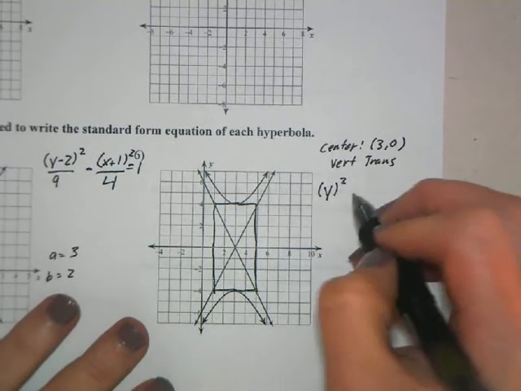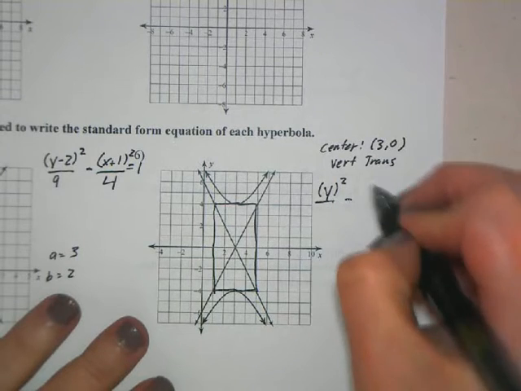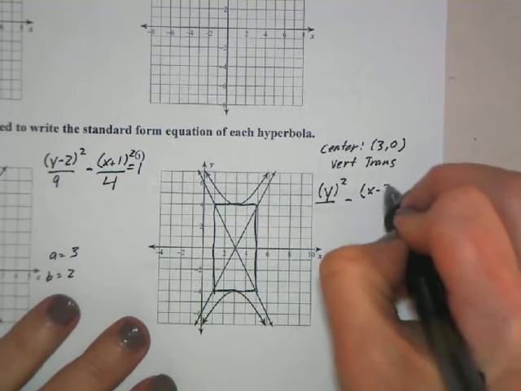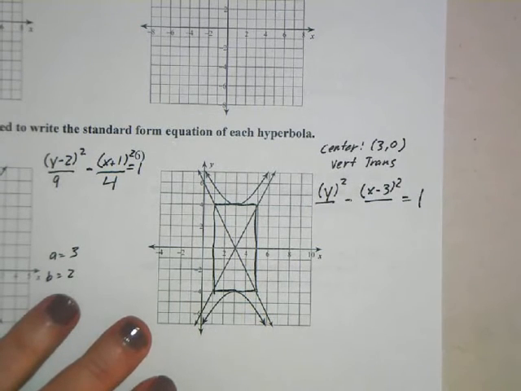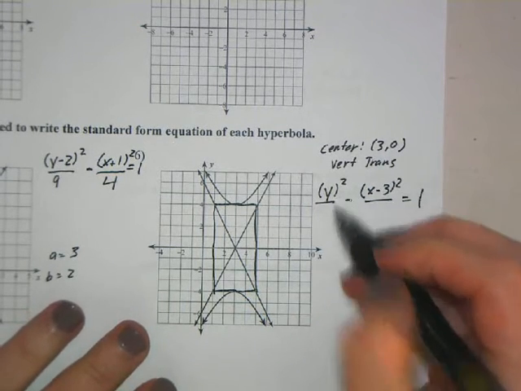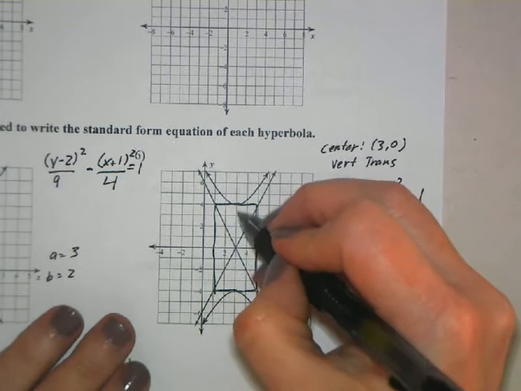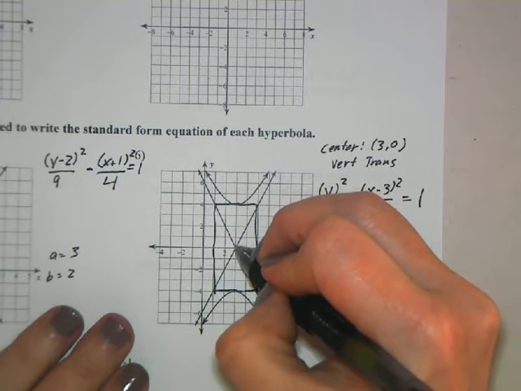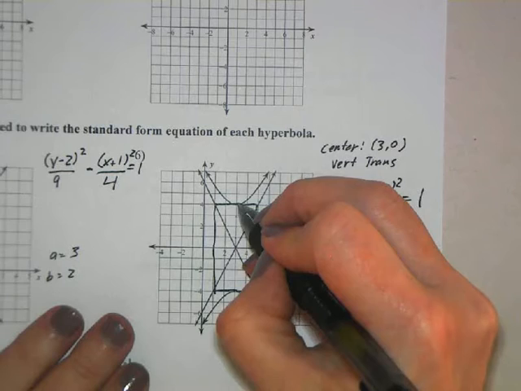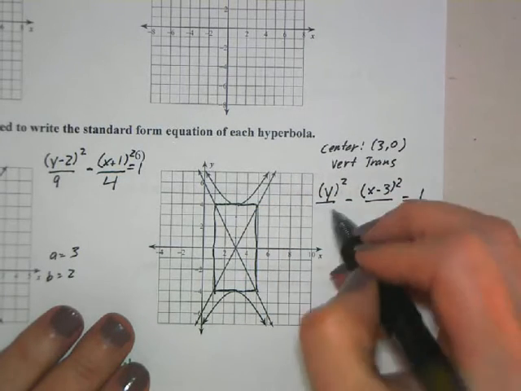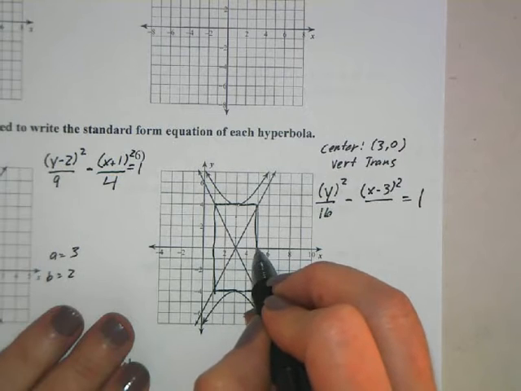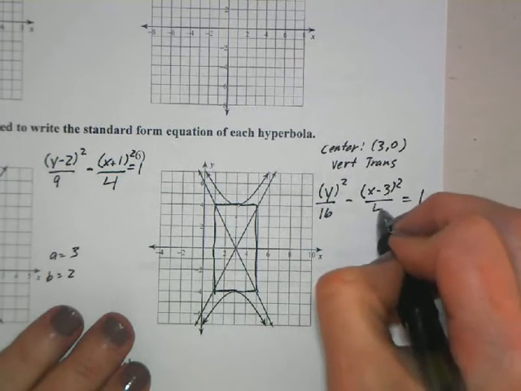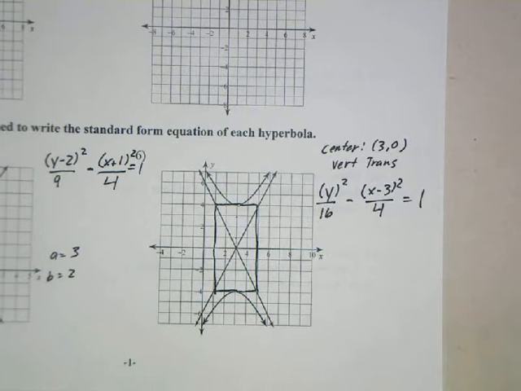Oh, yeah. So that's probably all you need to know. Okay, and then under the Y will be the A, and A is how far up to the vertex. So 1, 2, 3, 4, and you take 4 and you square it. So 16 would go here, and that's 2 over 2 squared is 4, and there you have it.